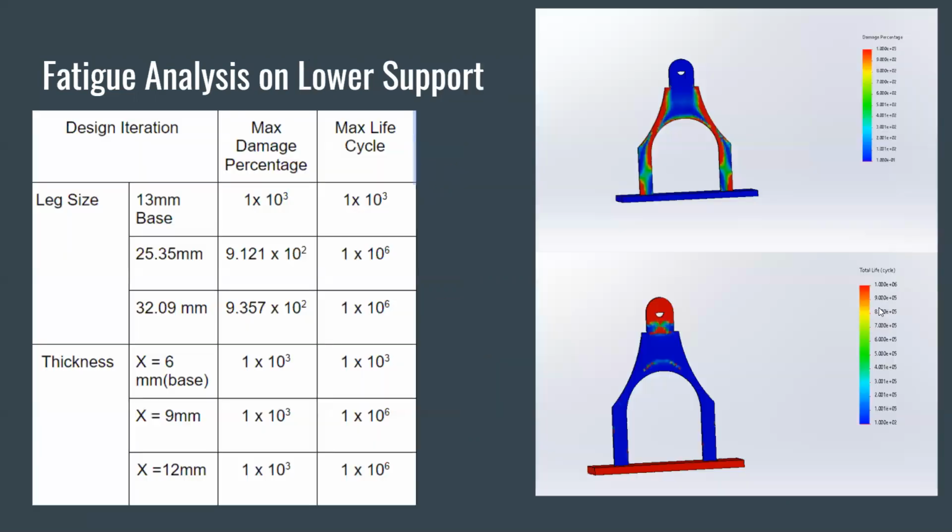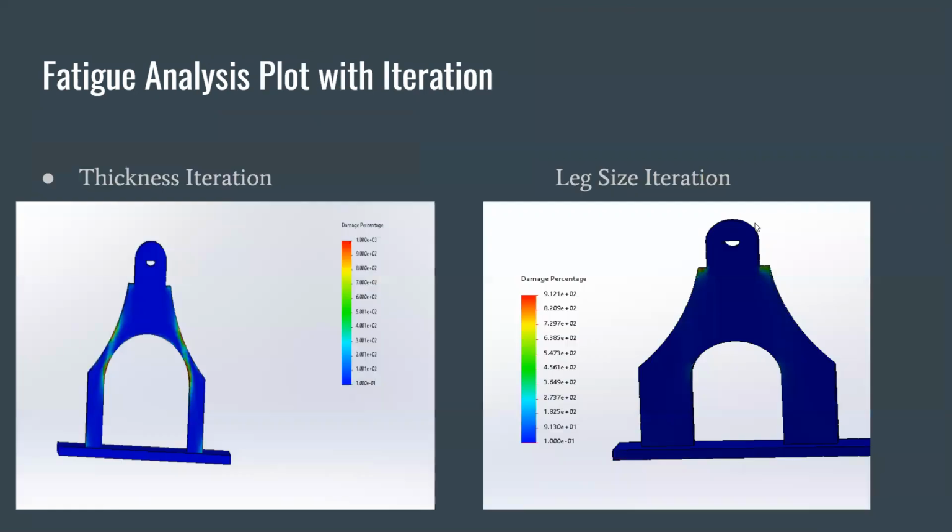Next slide, please. So in the table, you can see the iteration: when the leg size is increased, the maximum damage done over time decreases, and also as thickness goes up, the maximum life cycles will increase, and so also the damage over time decreases. And if you go to the next slide, please.